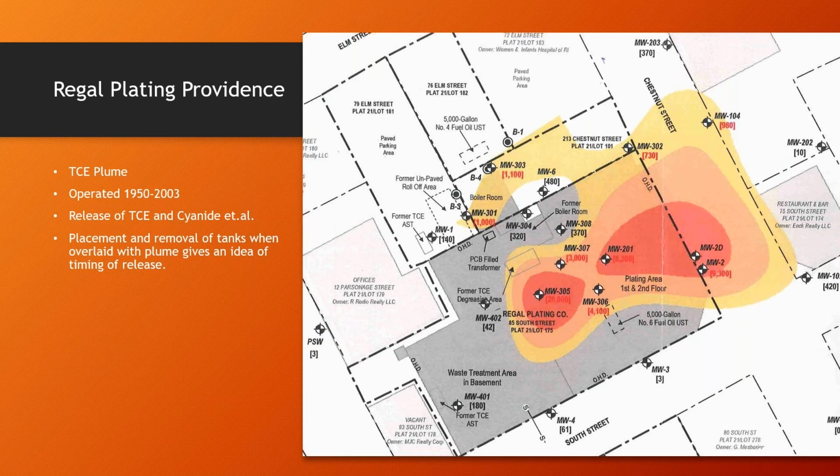You'll see up here, outside of the area of contamination, a former TCE above ground storage tank. And then right in the center of that plume, right here by the pointer, there it is. Okay, if you look right in the center there, that's the TCE degreasing area.